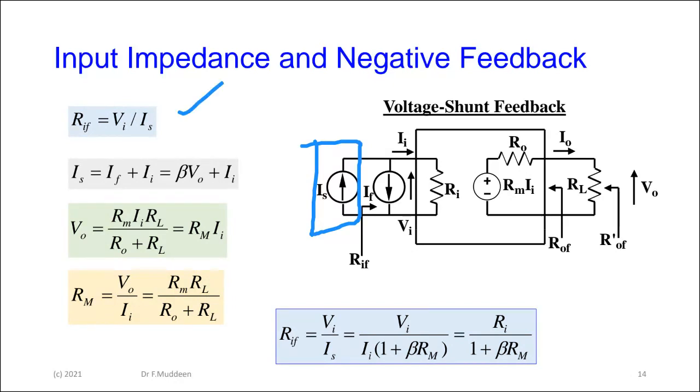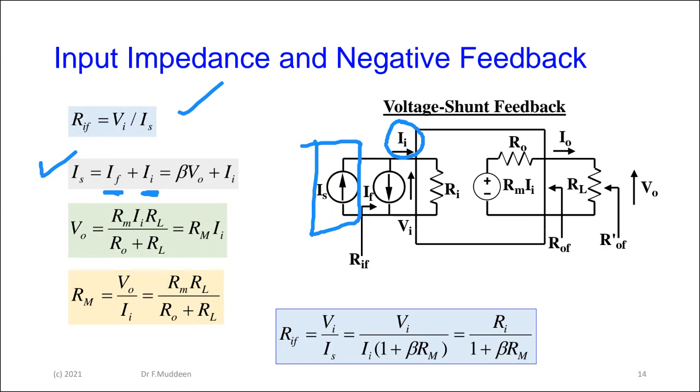You keep that the same as before. So the current source is seeing an input resistance, which is RIF. In this case, we're manipulating the current equation instead of the voltage. The source current has to divide between the feedback current and the input current. This is the useful bit here.